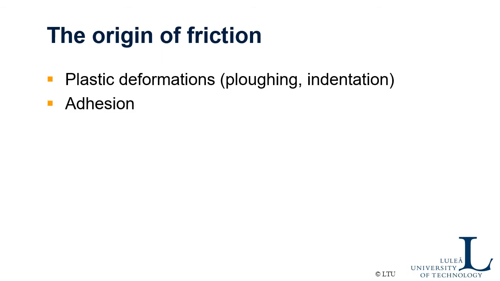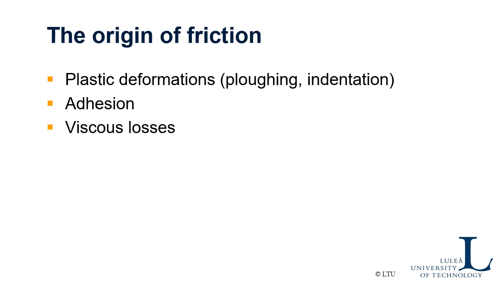The other one is adhesion. When two surfaces, two atoms on two surfaces come close to each other, they want to stick to each other, and you need some energy to overcome that contact. That's maybe the two most important ones.